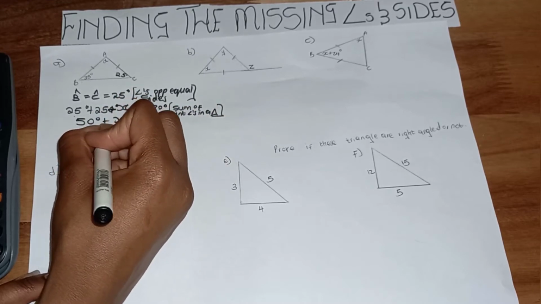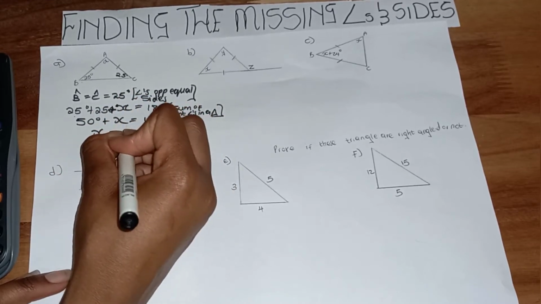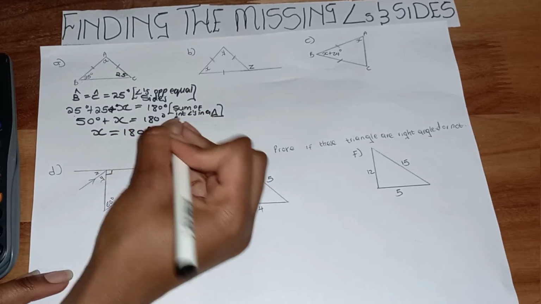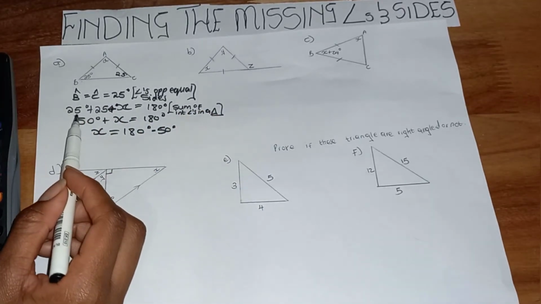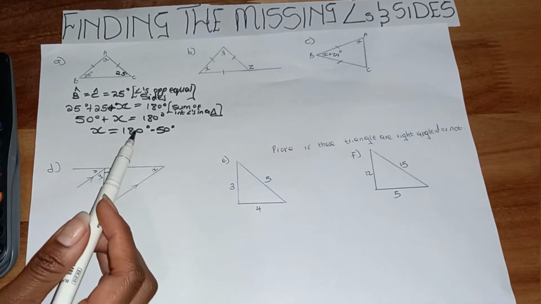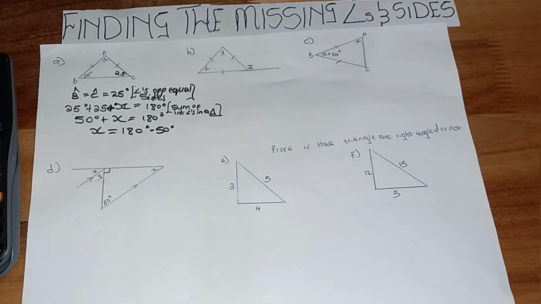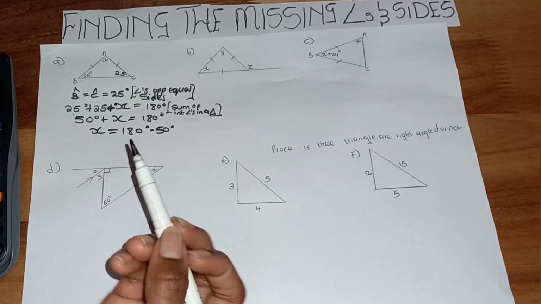Then you solve for X: X equals 180 degrees minus 50 degrees. Remember, when you move a positive number to the other side of the equal sign, it will turn into a negative number. When you move a negative number to the other side of the equal sign, it will give you a positive number.